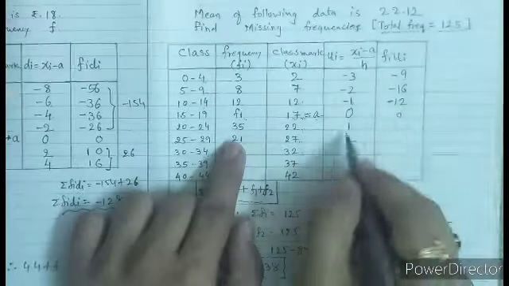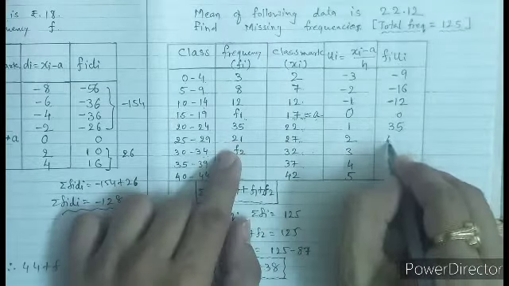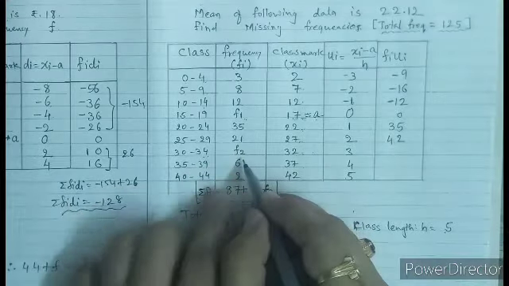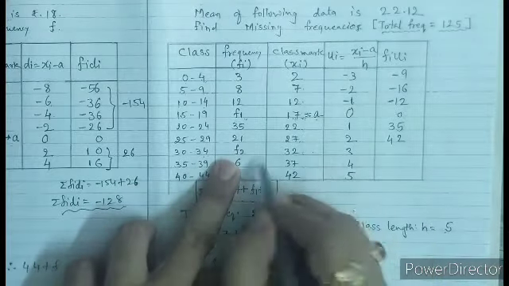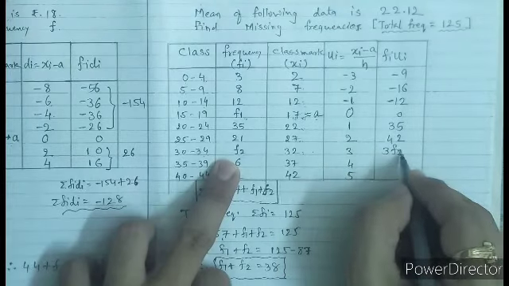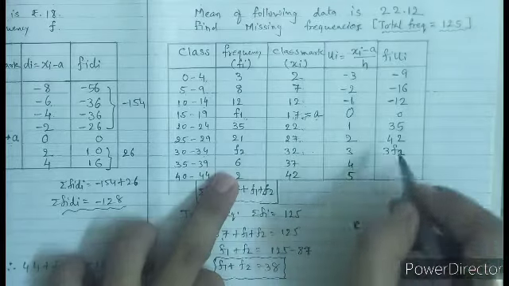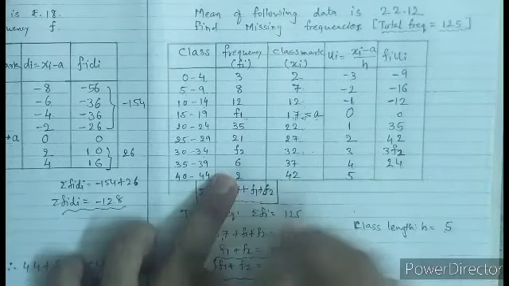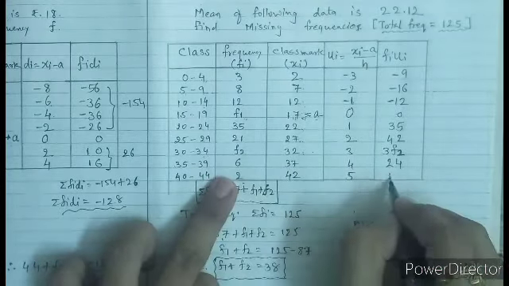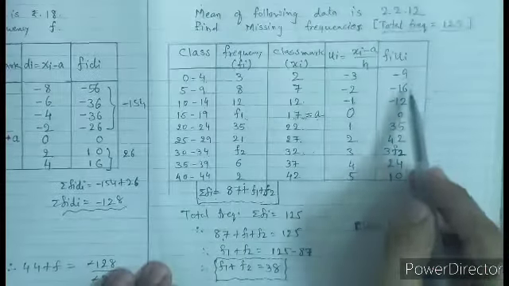Next, 35 into 1 is 35. Then 21 into 2 is 42. Now the next is f2 multiplied by 3, that is 3f2. You should be very careful here: 3 multiplied by f2 is 3f2. Then 6 multiplied by 4 is 24, and 2 multiplied by 5 is 10. So these are the values of fi ui.